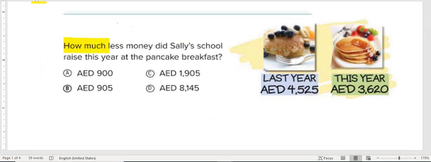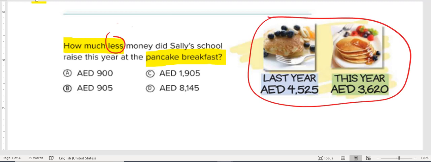How much less money did Sally's school raise this year at the pancake breakfast? This year, how much less money? So let's look at the figure, the image rather. From this, we know the money made last year, and we know this year.